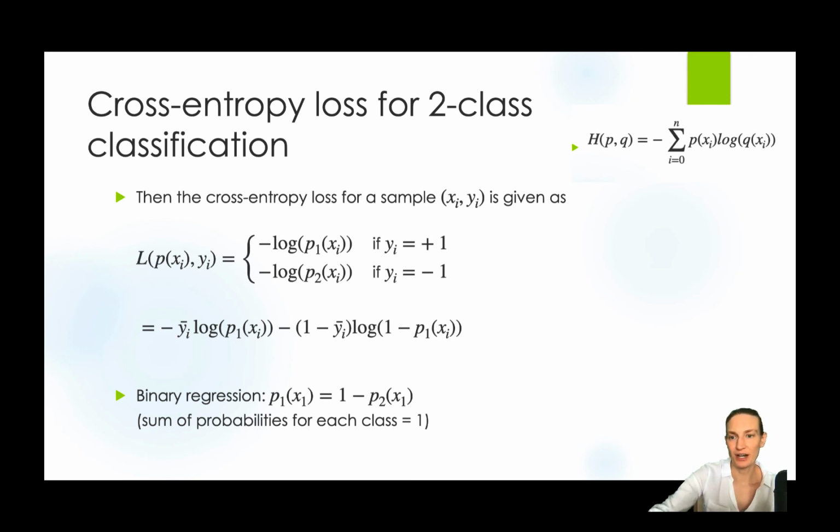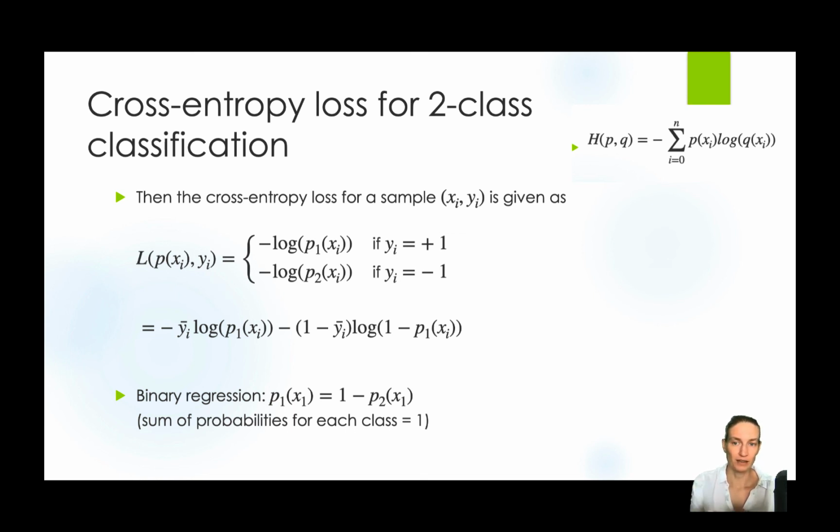If you're wondering how we're getting from this to there, we plugged it into the formula for logistic regression, which I put here again. And then in the second term, what we did is we actually plugged in 1 minus P1 where P2 occurred. So why can we say this? Because we have two classes. If I predict that x1 is going to belong to class P1 with 30%, that means automatically that P2 is going to be 70%.